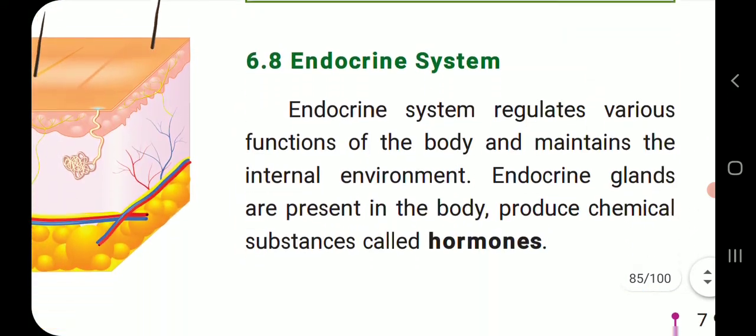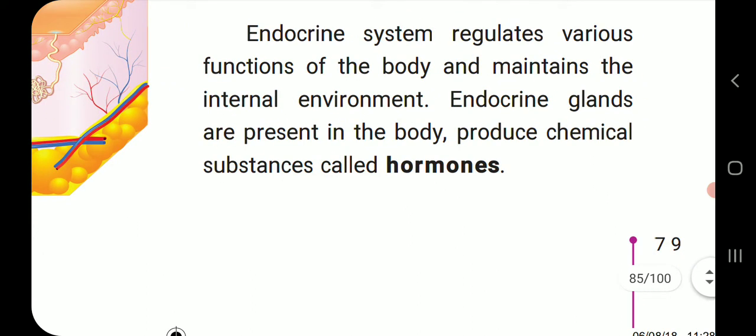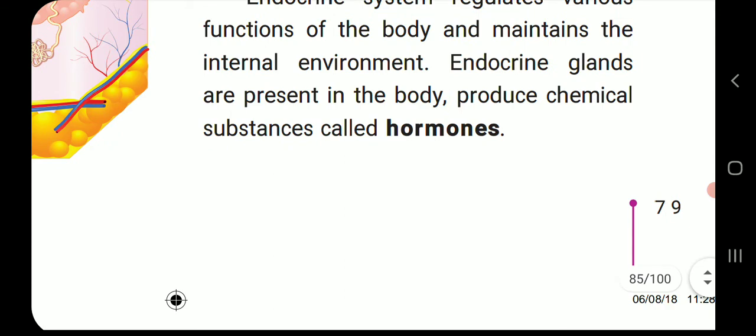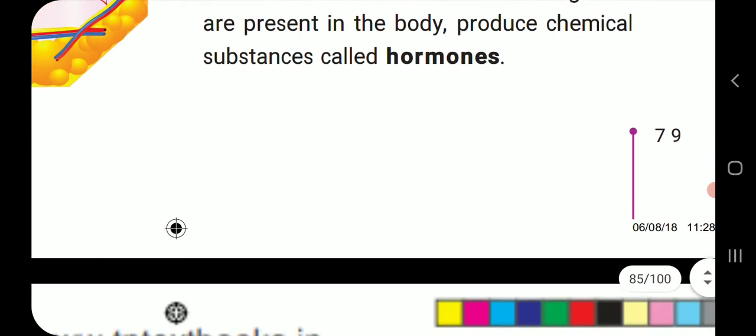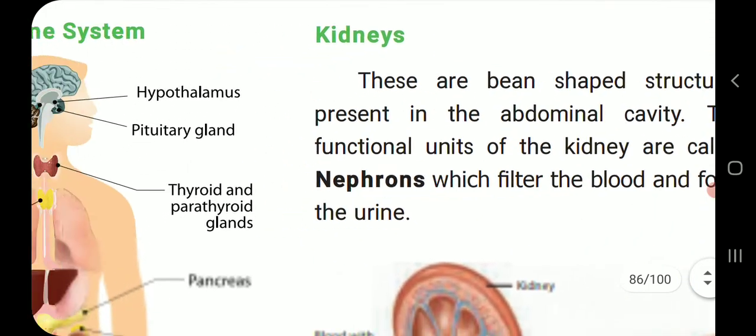And then we have the endocrine system. The endocrine system has various functions and it maintains the internal environment, that is the body temperature. And the endocrine glands are present in the body to produce chemical substances called hormones. This is a very important one word question.